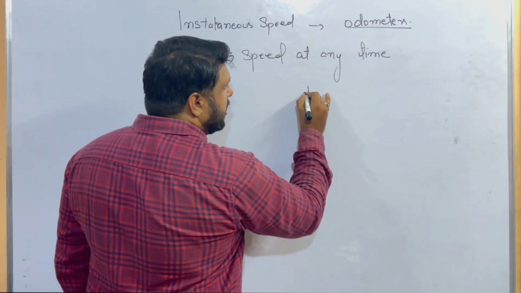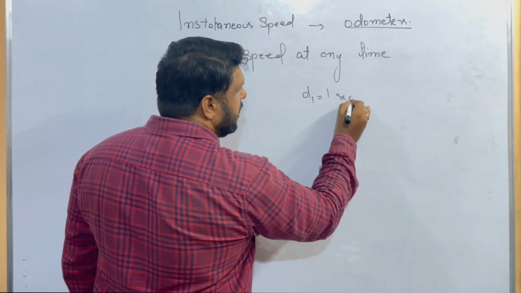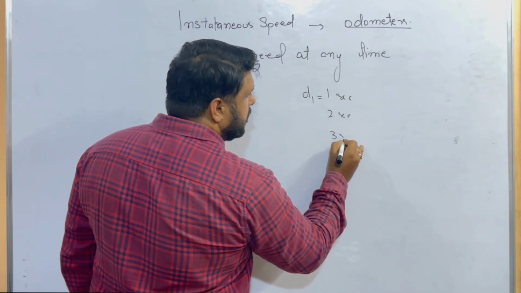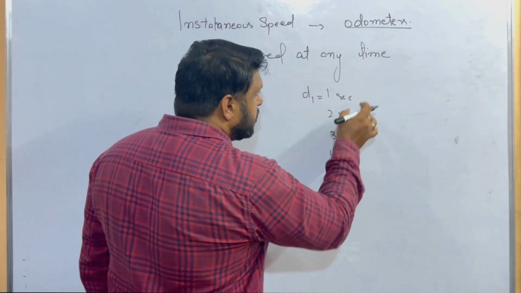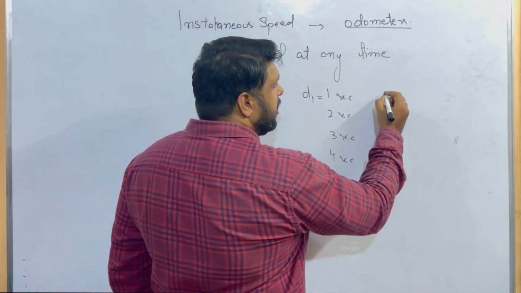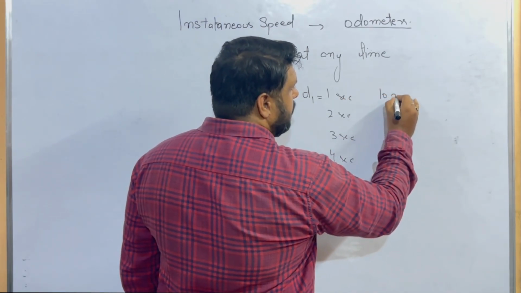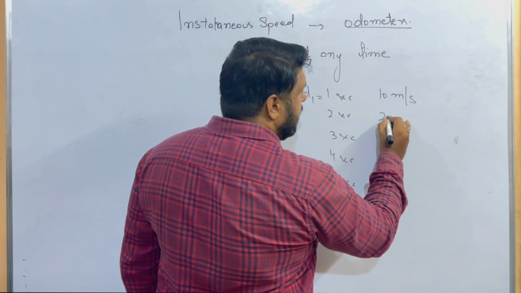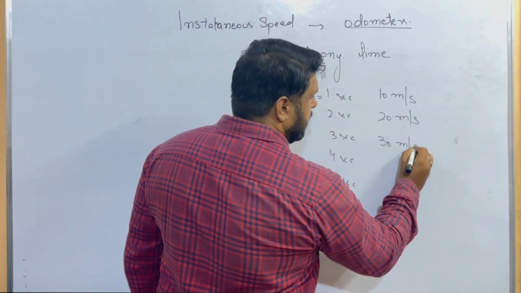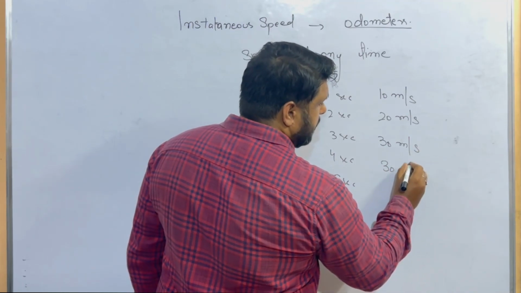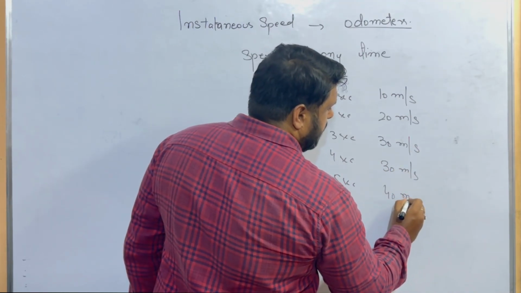Like we have started traveling from t is equal to 1 second, 2 second, 3 second, 4 second, 5 second. Let's say at t is equal to 1 second, my velocity was 10 meter per second, and here 20 meter per second and 30 meter per second, 30 meter per second, 40 meter per second.